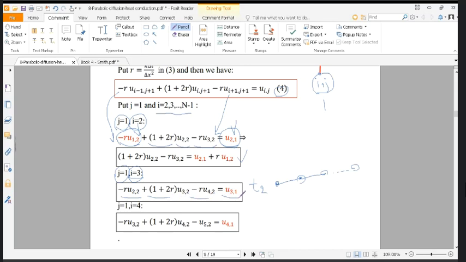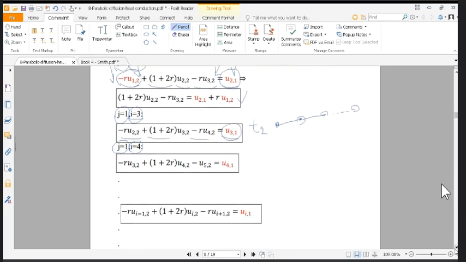We have the value of u3 and 1 because this u belongs to the older time level, and we have the value of u at the old time level. Then we put again j is 1, but i is 4, and we have minus r u3 and 2 plus 1 plus 2r u4 and 2 minus r u5 and 2 equal u4 and 1.